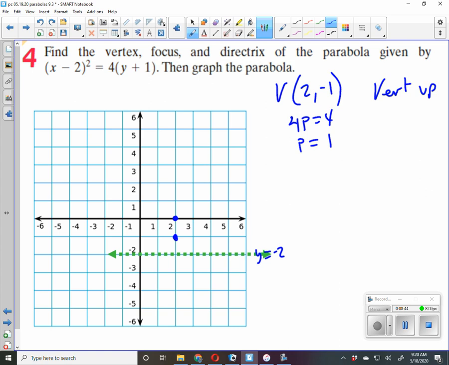I know that 4p is 4, so therefore coming through my vertex, that's going to be 2 units this way, sorry, 2 units this way and 2 units this way. And now I can draw my parabola going through those points, because my latus rectum equaled 4. That's this right here.